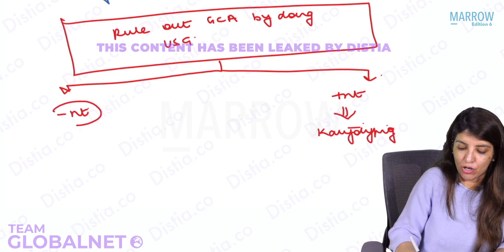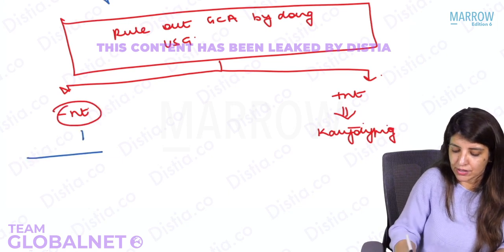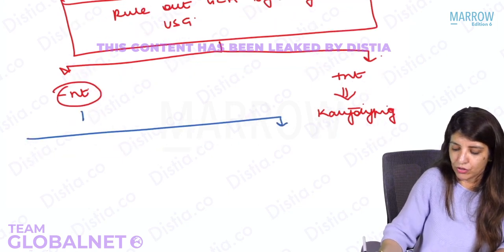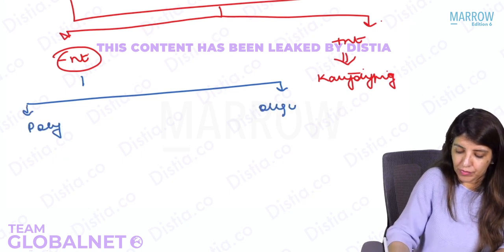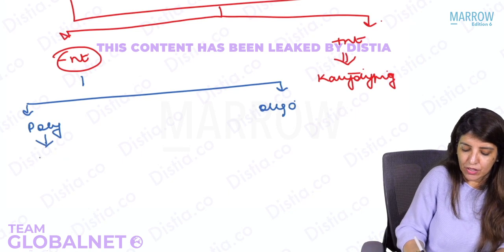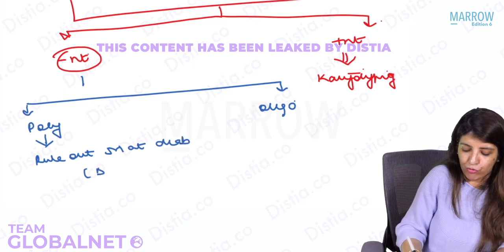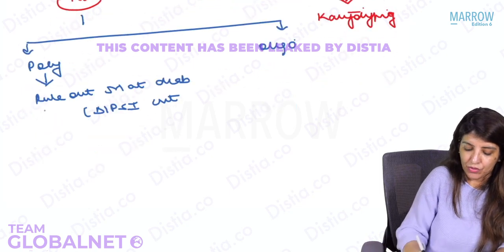If gross congenital anomalies are absent, then the next step depends upon whether we are dealing with oligo or whether we are dealing with poly. In poly, the next step is to rule out maternal diabetes by following DIPSI criteria, right?